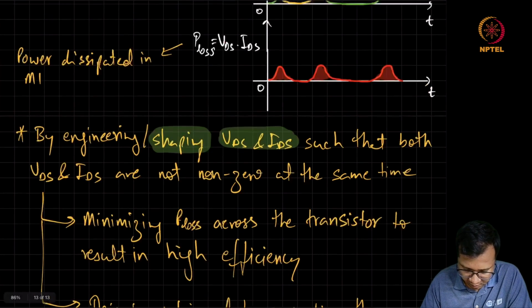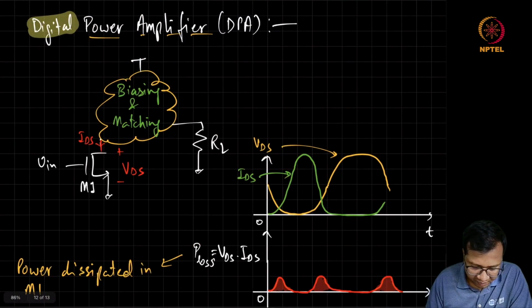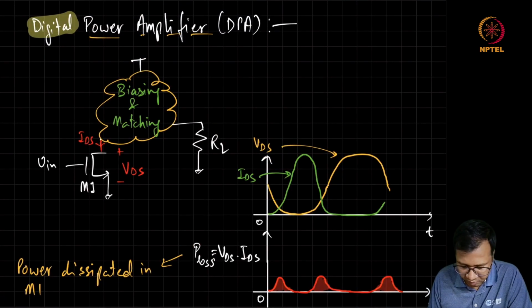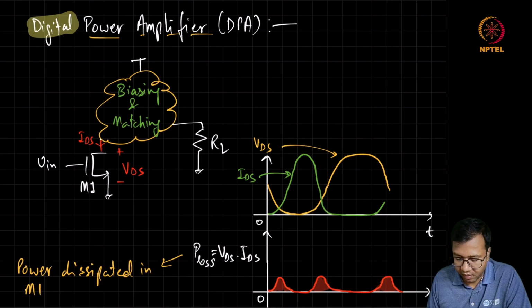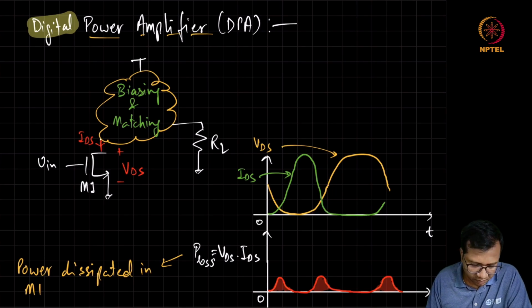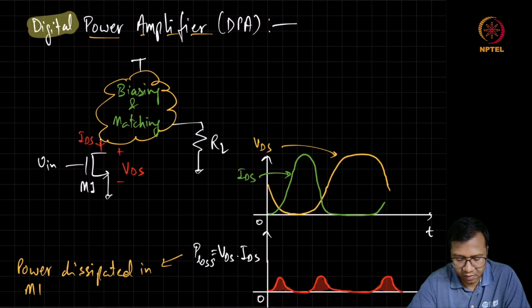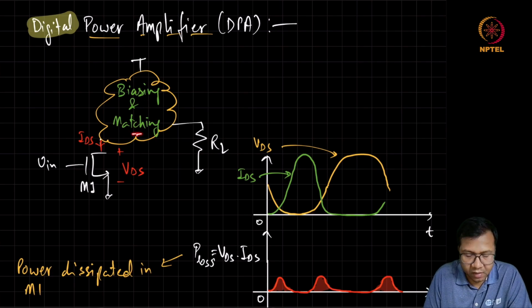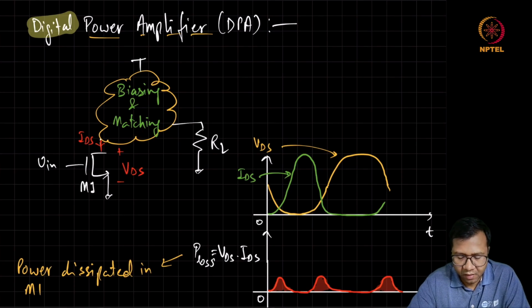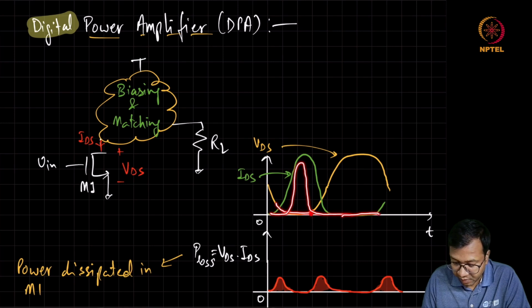And operating the transistor as a switch is not always sufficient because still there will be some transition region in which the voltage and currents are going to be non-zero at the same time. So in addition to that, this output network at the drain can be engineered such that only when the VDS has become completely zero does the IDS peak, and only when the current has become fully zero does the VDS peak.